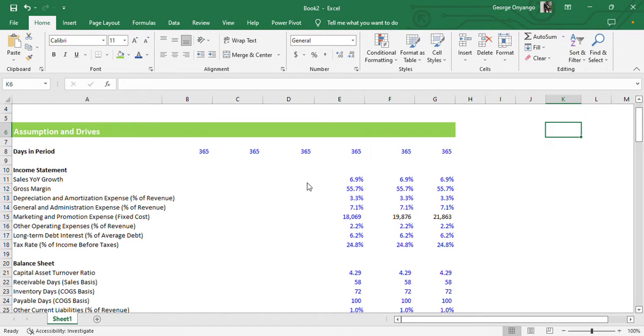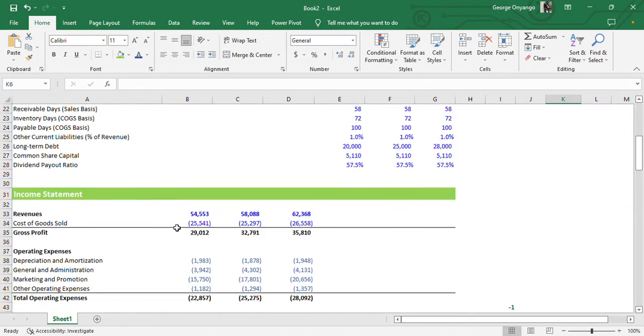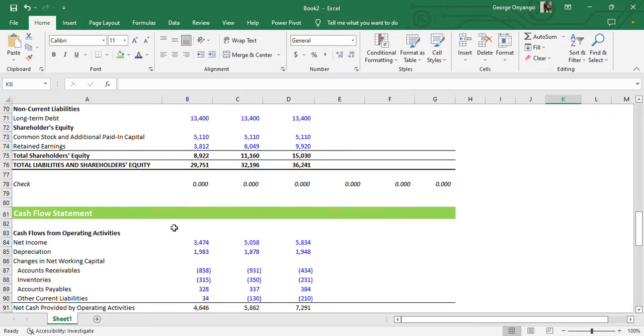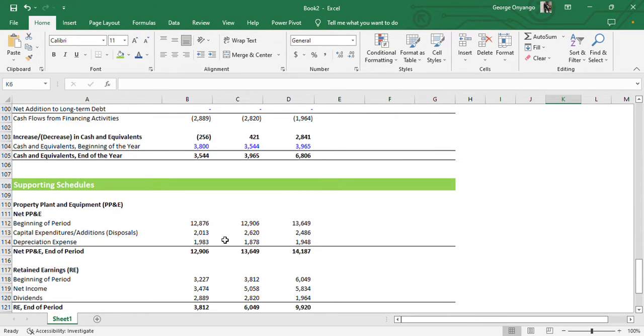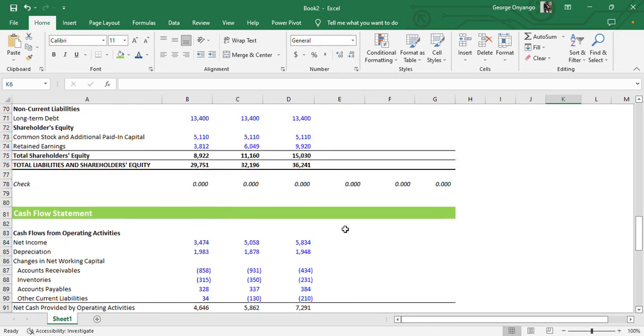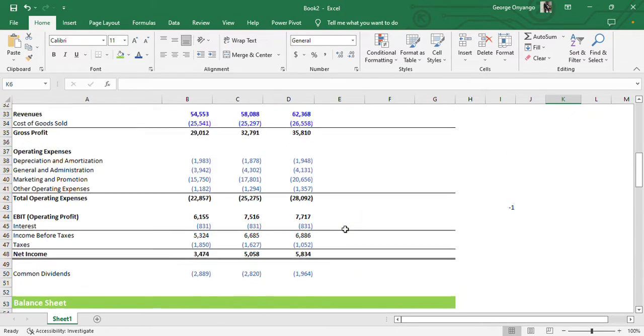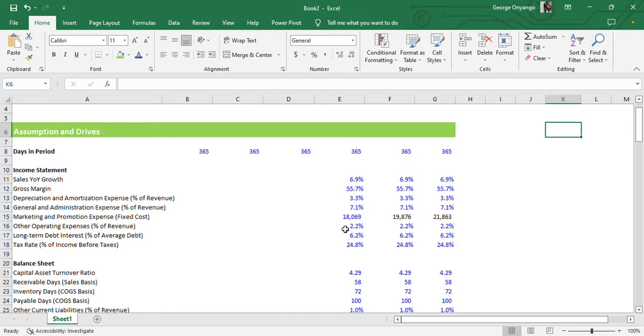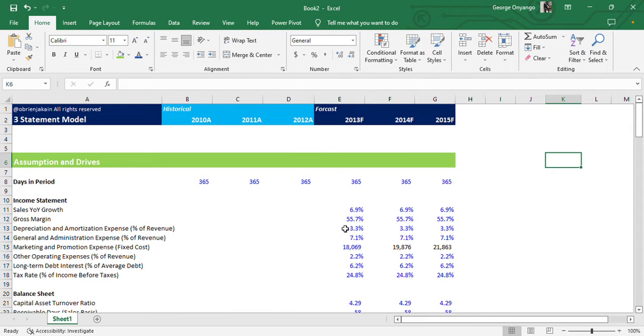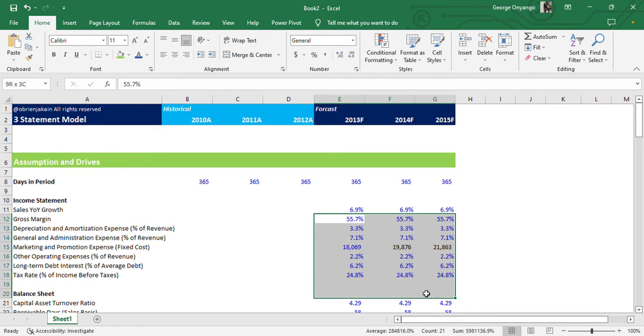After completing the three financial statements, that is the income statement, balance sheet, and cash flow statement, and even the supporting schedules, the next thing we need to do to be able to carry out the forecast is to get the assumptions and drivers for the last 2 years and the current year, because this is the information which this particular company will be using to get these particular values.